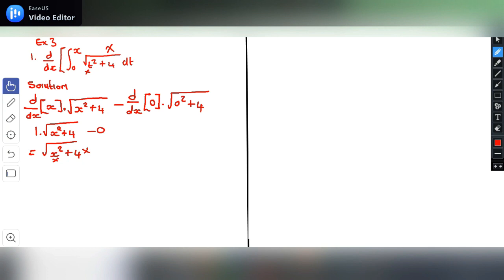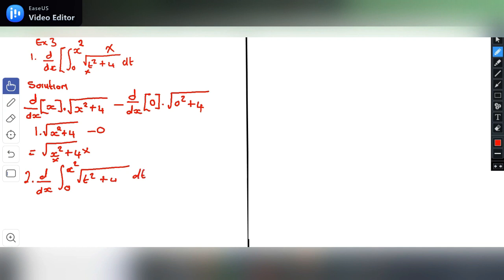But if there was x squared here, let's say if there was x squared here, what was going to be our answer? Okay, let's do it here in a shorter way. Let me show you how much easier it is. Let's say the integral from 0 to x squared of t squared plus 4 dt, right?